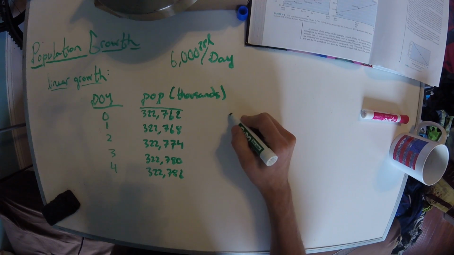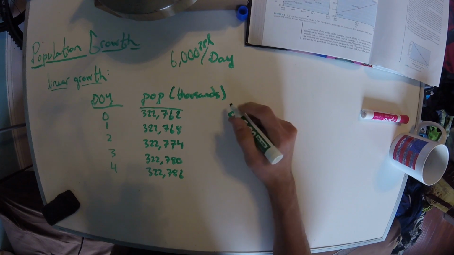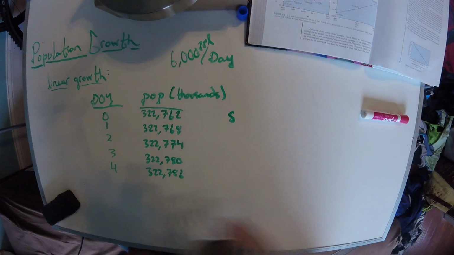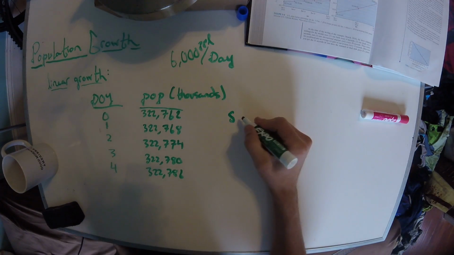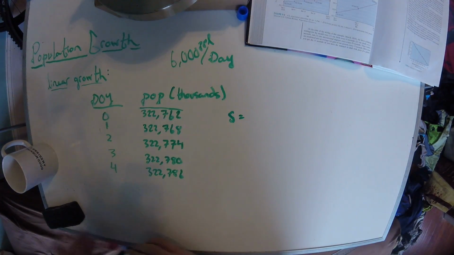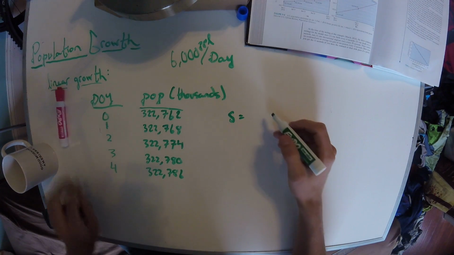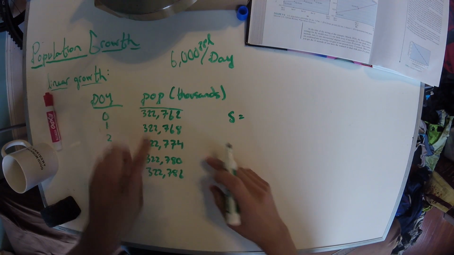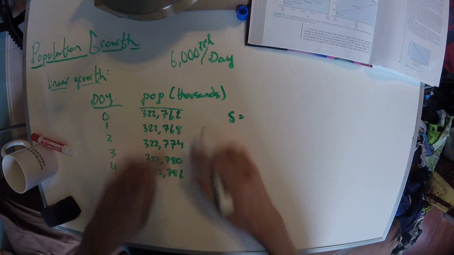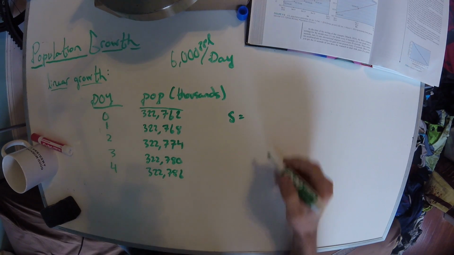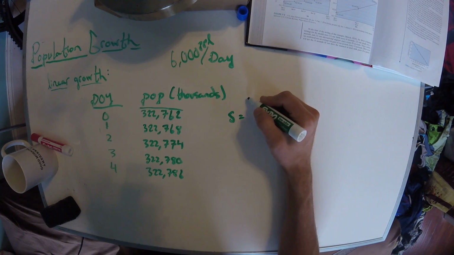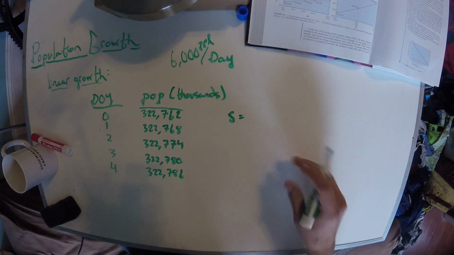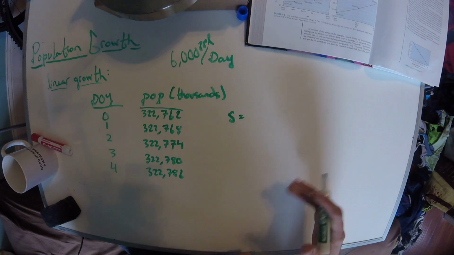So if we're summing up this population, then this is of course just equal to all of these things. I'm just going to leave out the 322 and just look at the thousands because the 322 is the same. So we can just keep in mind that we'll add 322,000 to this when we're done.